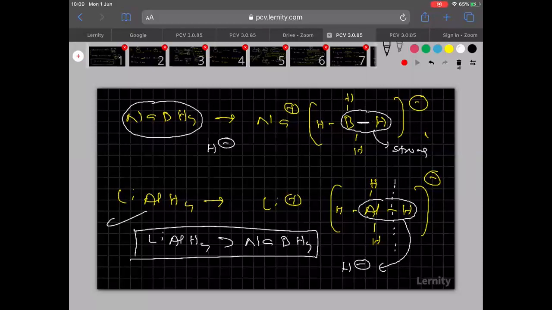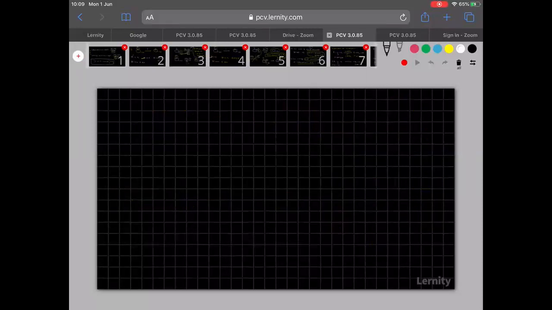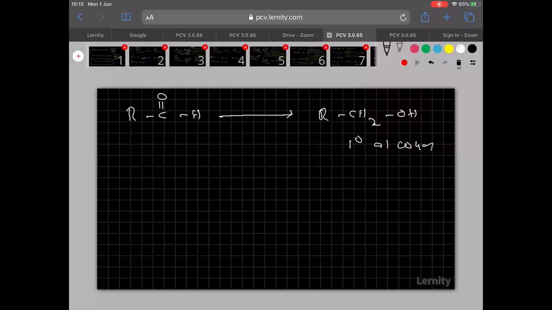Clear, everyone? So here, let me summarize this reduction now. See clearly, here I am taking the aldehyde. When an aldehyde undergoes reduction, what is the product formed? Primary alcohol. So this is the aldehyde. Is it clear?